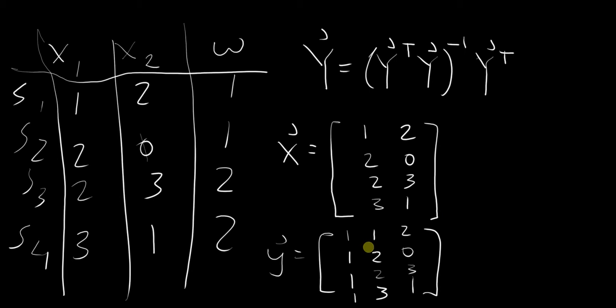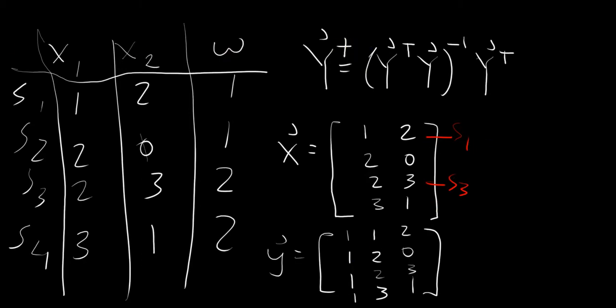Okay, so if you define your sample vector so that every sample is a row, so this is sample 1, this is sample 3, if you define it this way, then this formula for the pseudo-inverse is going to work.